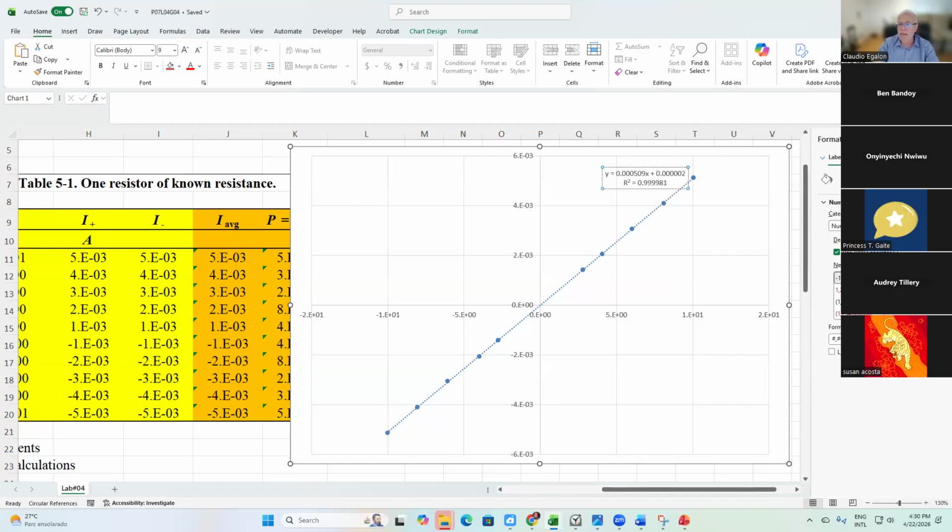If I put 6 decimal places here, my R square changes value, right? That's how you should do it. You gotta play with it until you get a number that's not 1 for R square, and a number that's not 0 for the slope and intercept. Okay, thank you.